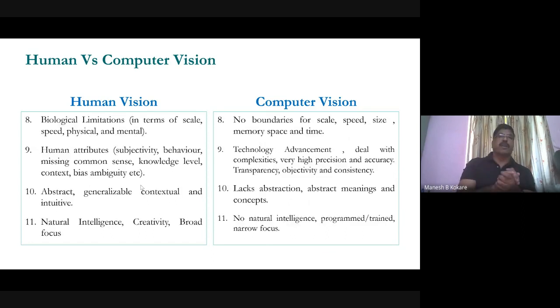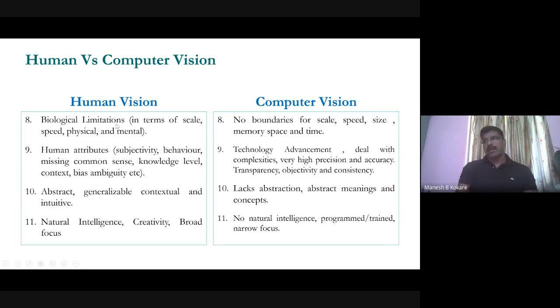The next difference is that there are some limitations of biological or human vision. For example, in terms of scale, speed, or physical and mental conditions, there will be bias, we get tired, or we can't do that much work.